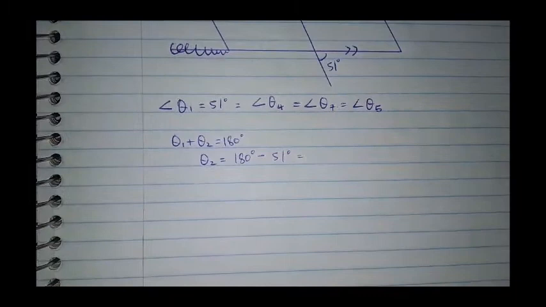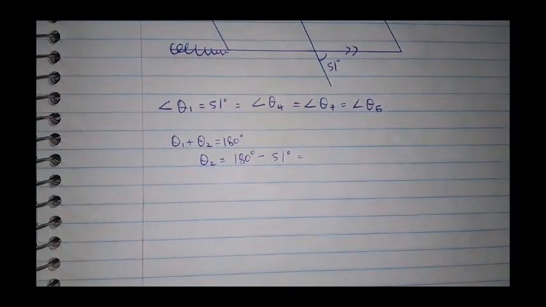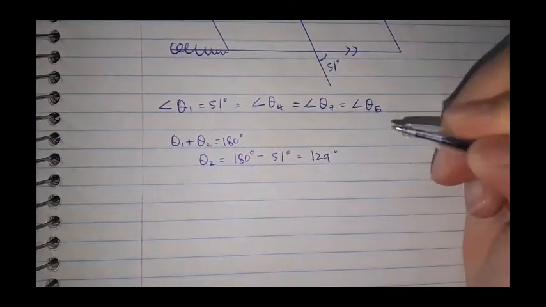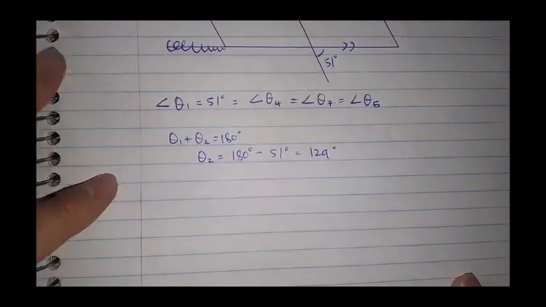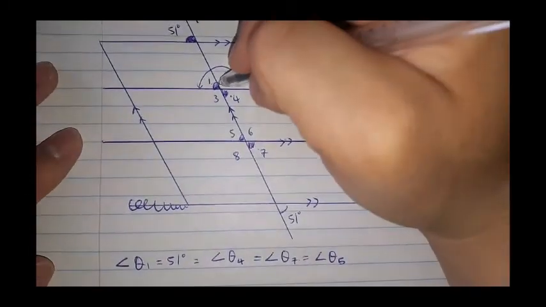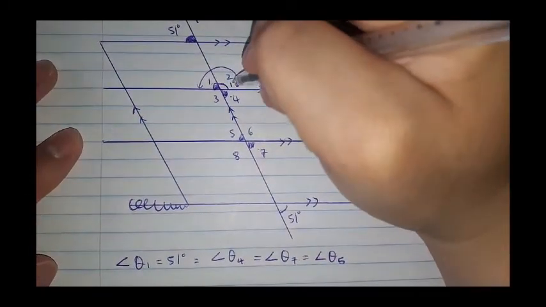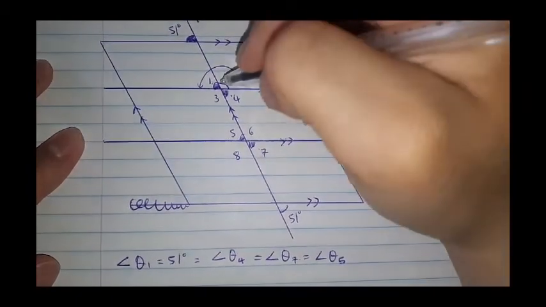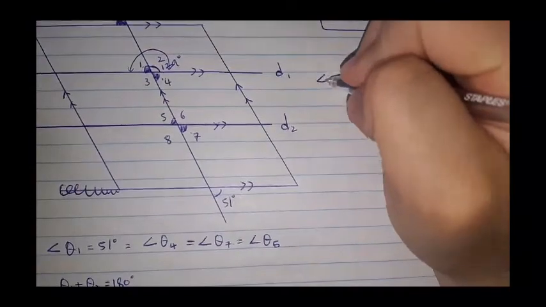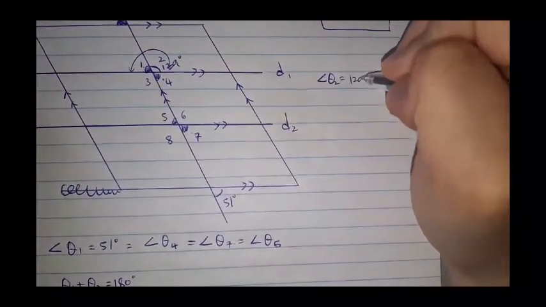You can use a calculator or mental math, and in the end it gives you 129 degrees. That is significant because now I know theta 2. So I'm going to write down over here, theta 2 is 129 degrees.